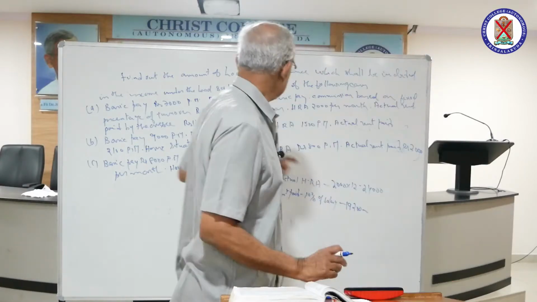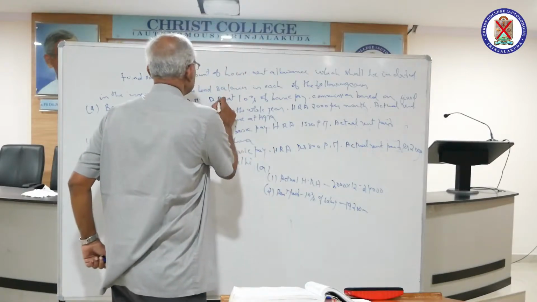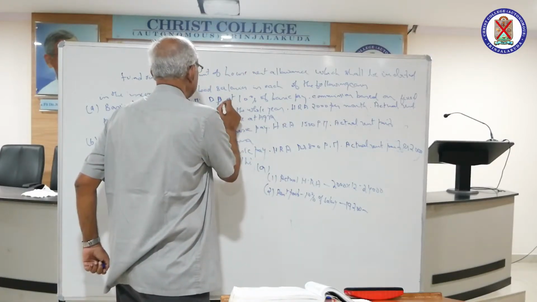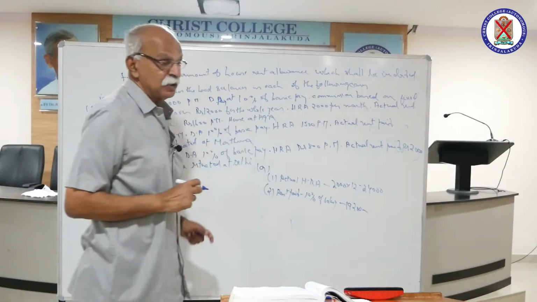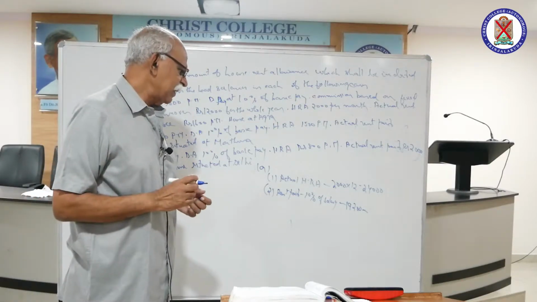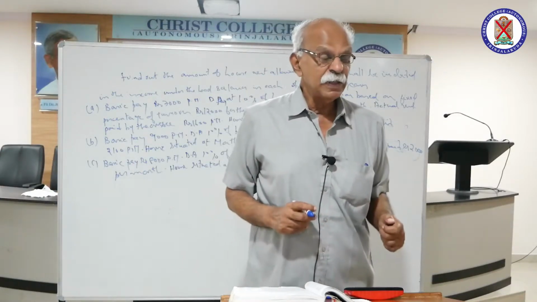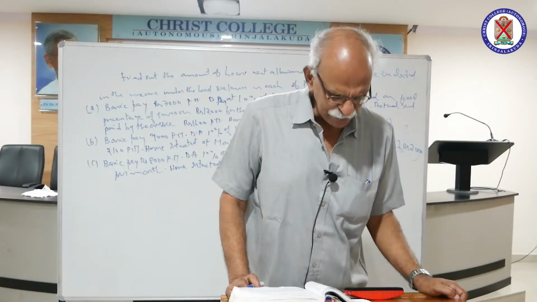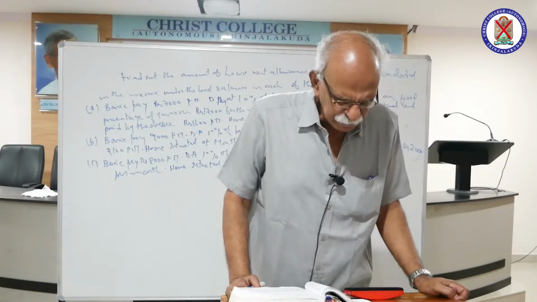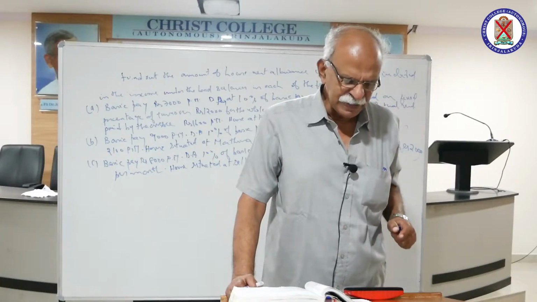Here, in the first question, it is dearness pay, not dearness allowance, dearness pay. When rent paid is 19,200, 10% of salary, how much is salary for the purpose of HRA? Basic pay is how much? 7,000.